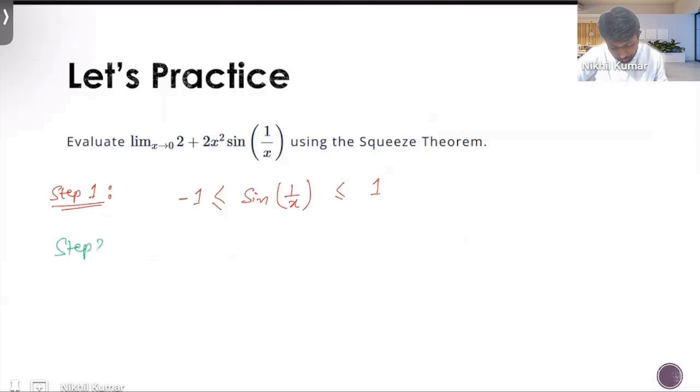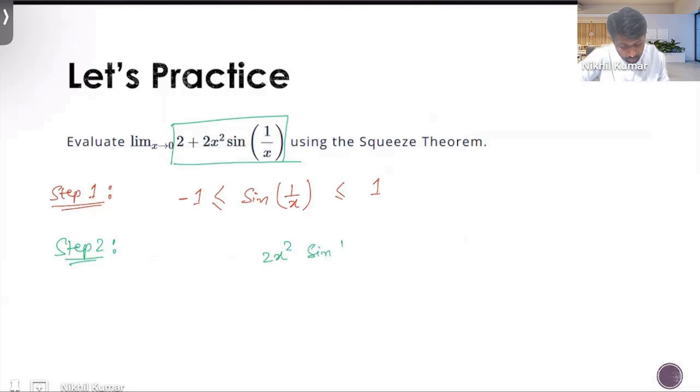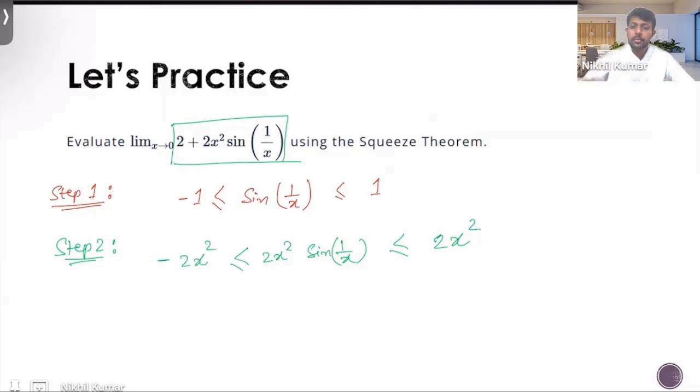Step 2 is you keep multiplying, adding something or the other to finally arrive at this thing. And how do we do that? Let's multiply 2x square to all these three quantities. So 2x square times sine 1 upon x. So 2x square has to be multiplied with 1 also. So this is here, and here you'll get minus 2x square.